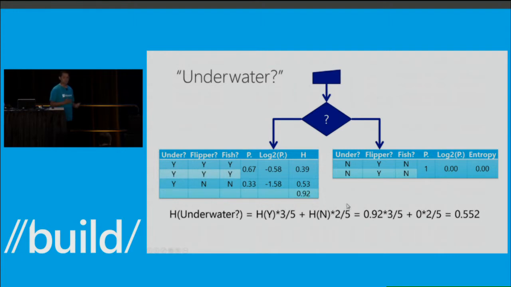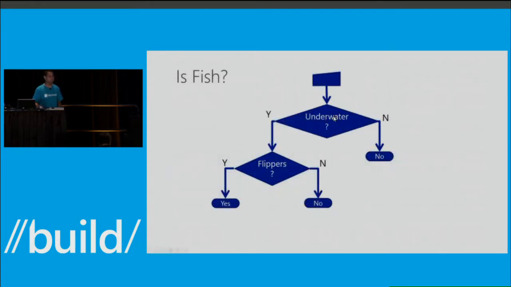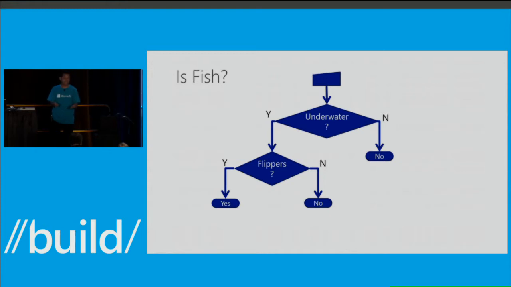Let's use the Donald Knuth approach. And basically, the outcome for the entropy is this one. So this test gives me the best information gain if I make it at the beginning. As a result, if I want to create a decision tree for this problem, it should look like this. And you saw that just by feeding this data to computers, they can create this code automatically, isn't it?